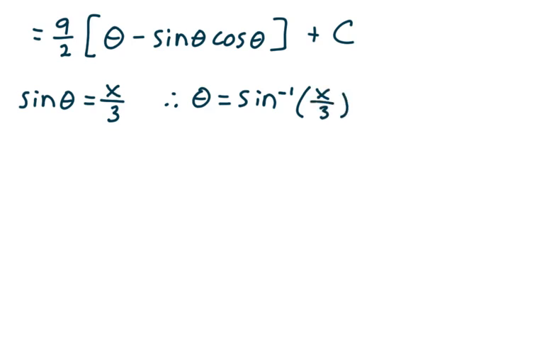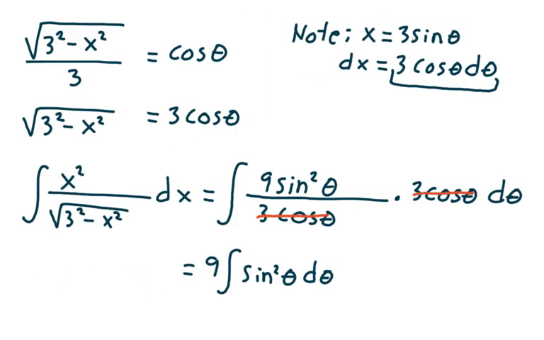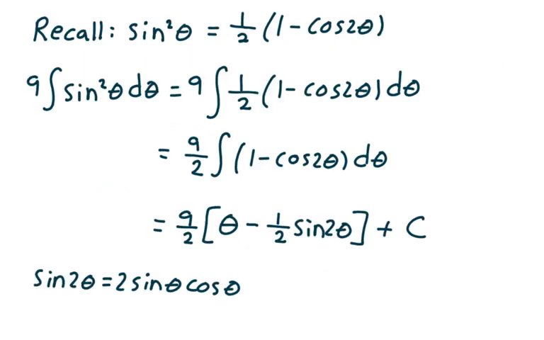And then cosine theta, if we go back, the square root of 3 squared is 9, by the way. So cosine theta is square root of 9 minus x squared divided by 3.